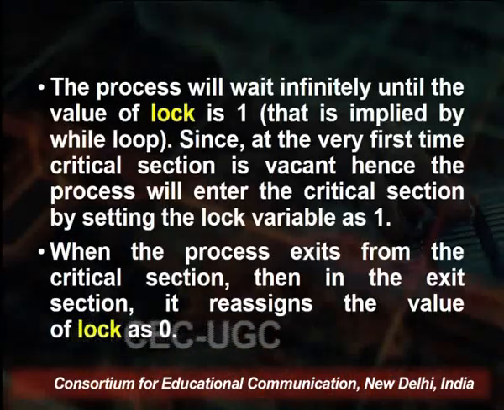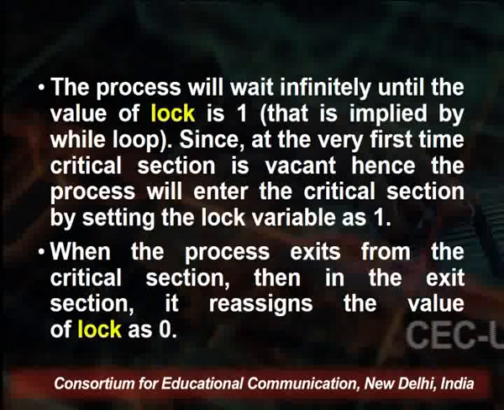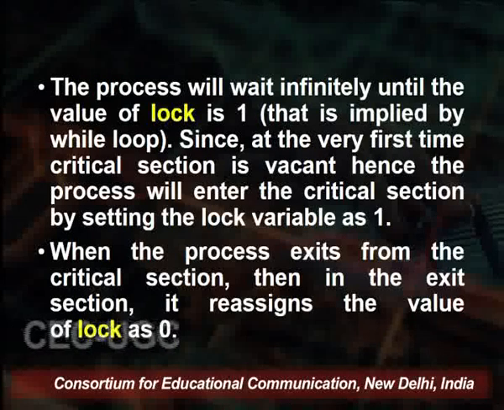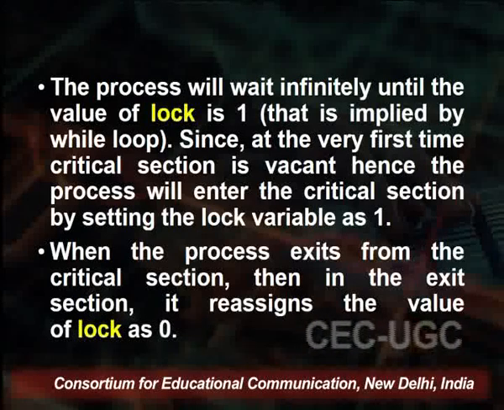The process which needs to get into the critical section enters the entry section and checks the condition provided in the while loop. The process will wait until the value of lock is 0. Since at the very first time the critical section is vacant, the process will enter the critical section by setting the lock variable as 1.